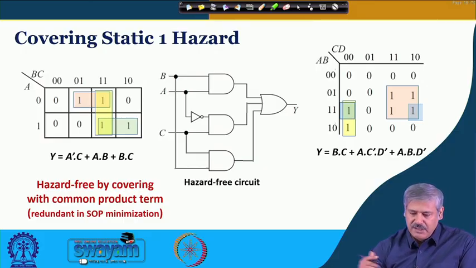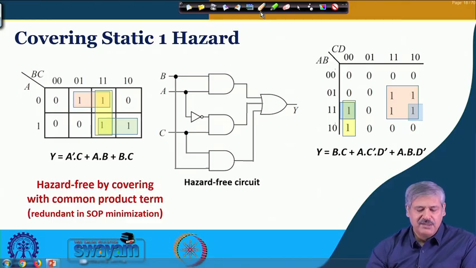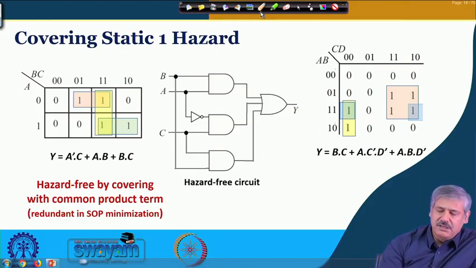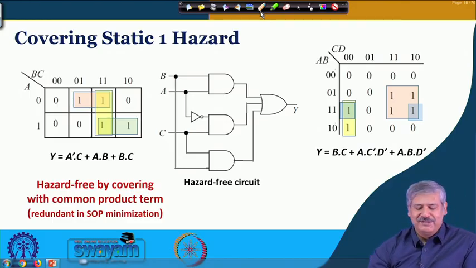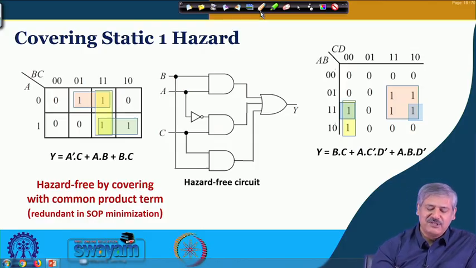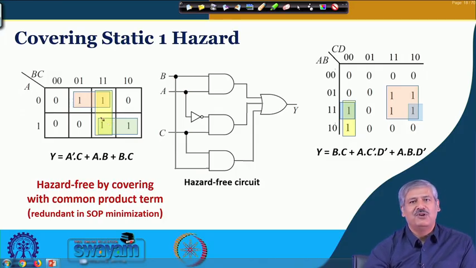So, in the example that we had taken before, during the detection process we have seen that it is caused by the logically adjacent terms not coming under one common product term. That is the cause of it.